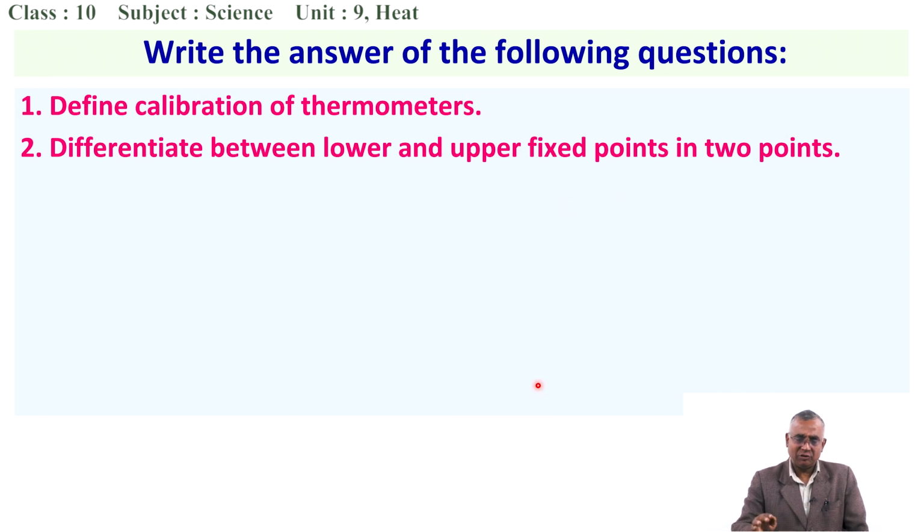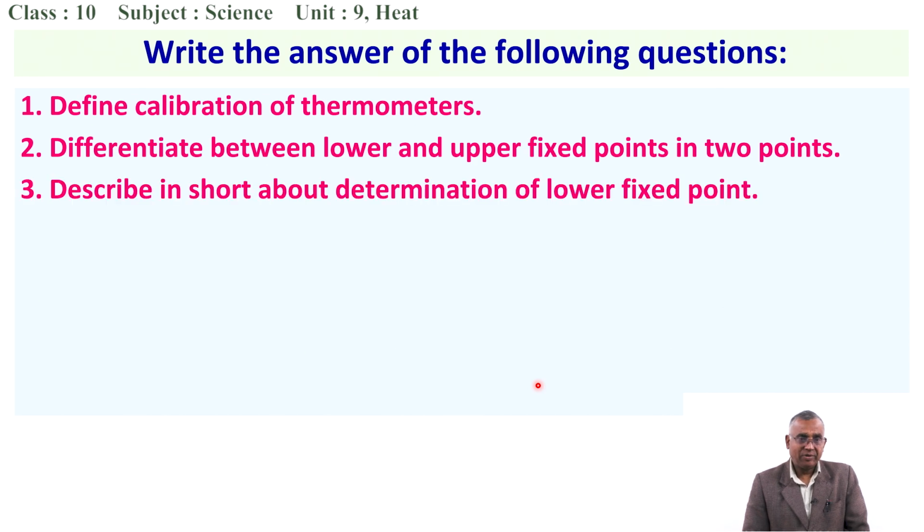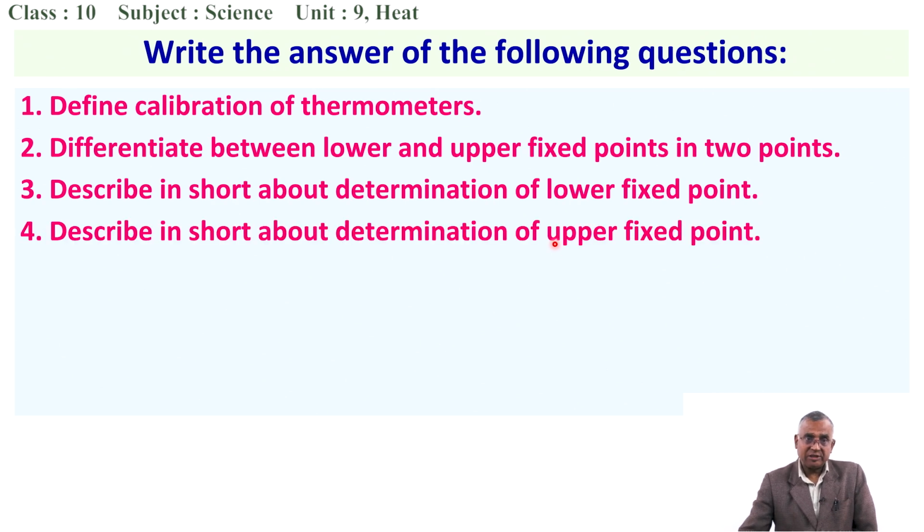So very easily you can write the difference and then values. Next, describe in short about determination of lower fixed point. About the whole process which was done in the experiment, you have to mention step by step. You can do it with a diagram. Okay. Describe in short about determination of upper fixed point. Same thing about upper fixed point as you did in question number 3.